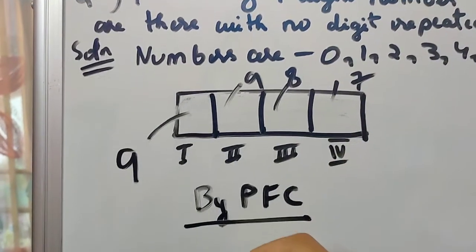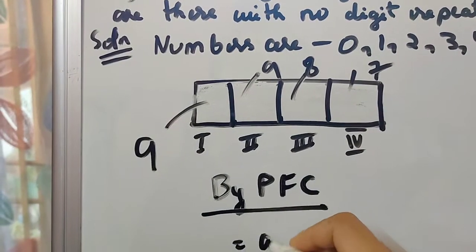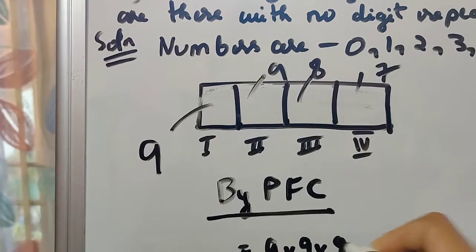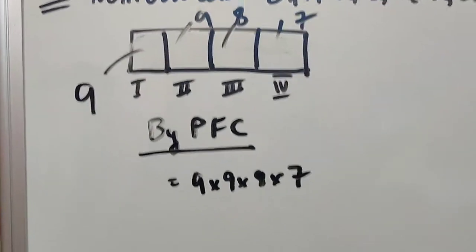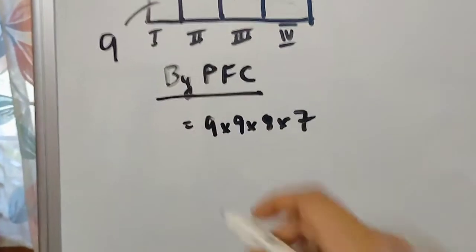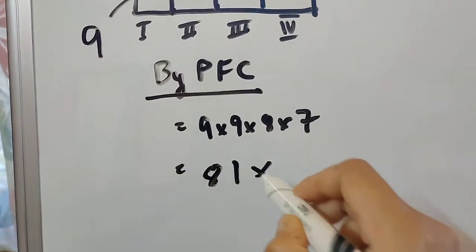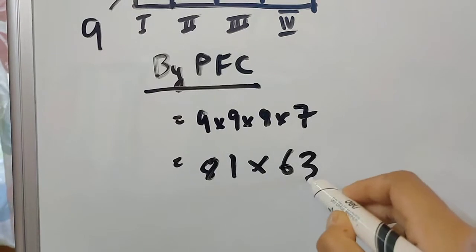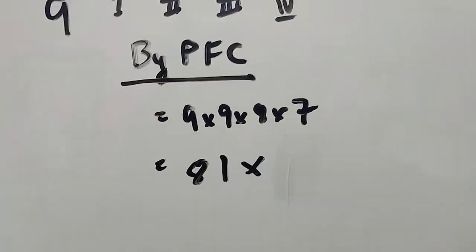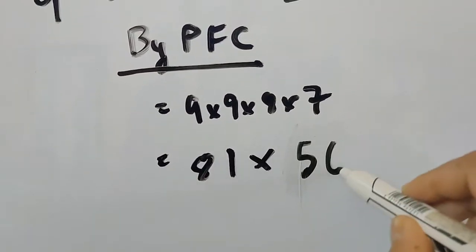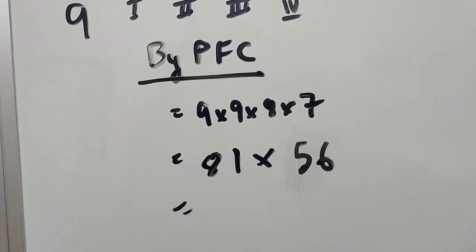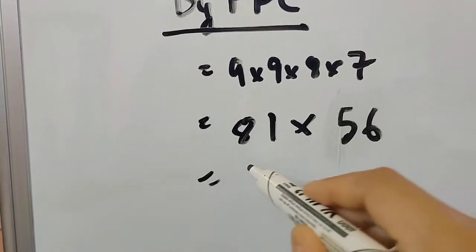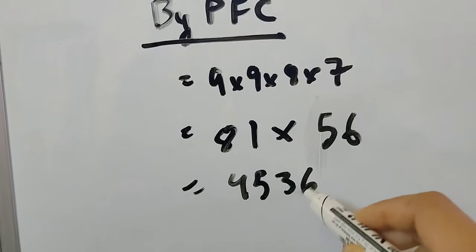The total number of 4-digit numbers that can be formed is 9 into 9 into 8 into 7. You calculate it that way. 81 into 7 8s are 60. Sorry, it is 56. When you multiply this, you will get 4536.